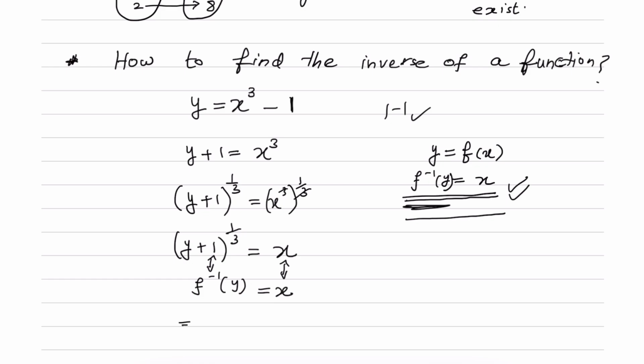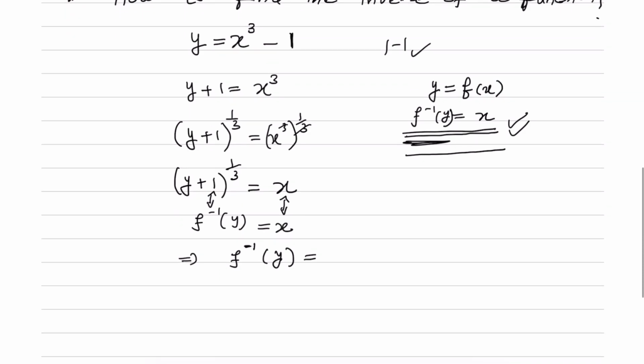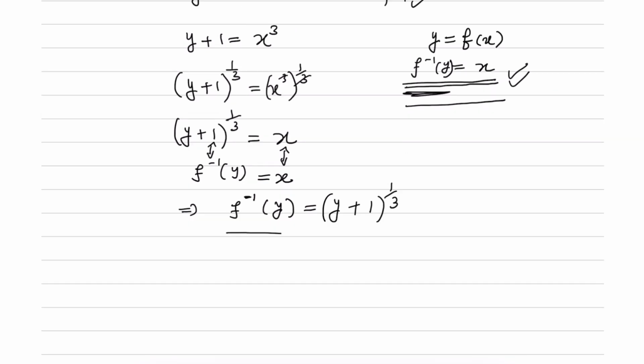So this gives us f inverse y is equal to y plus 1 to power 1 over 3. So we have found the inverse of our function, which is this one.